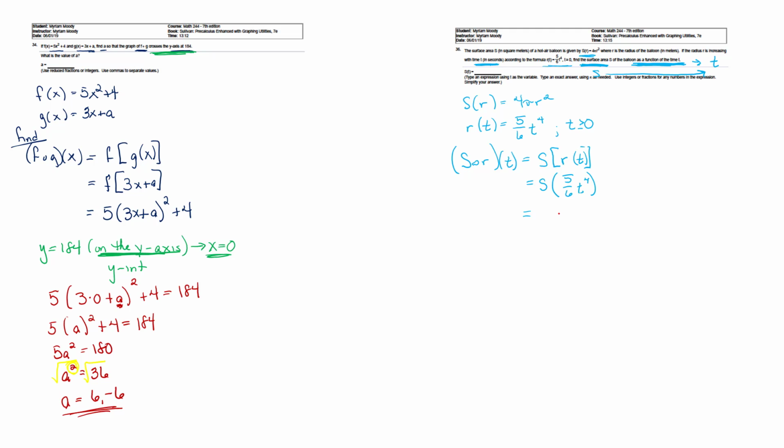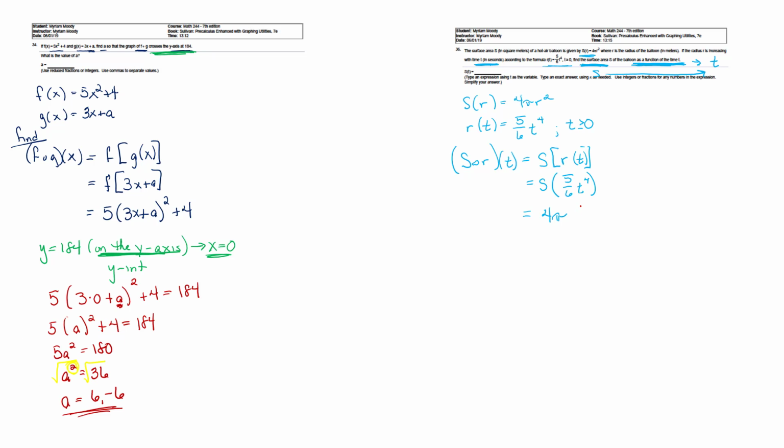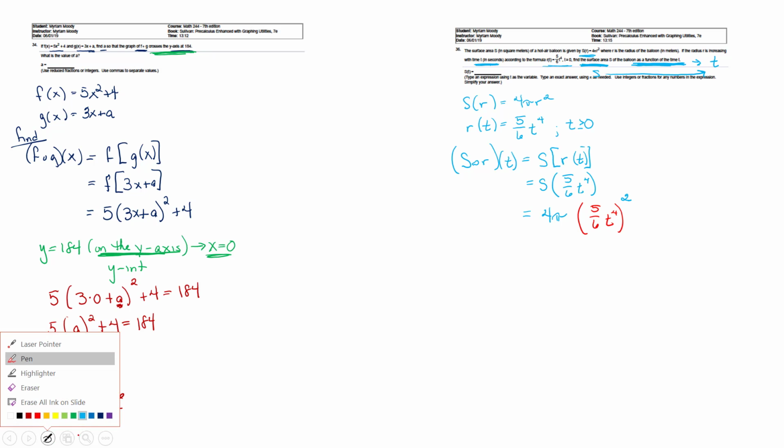And in my S function, I'm going to write 4 pi, and instead of r, you're going to write 5 over 6 t to the 4th, and according to the equation, you're supposed to square this radius. Does this make sense?